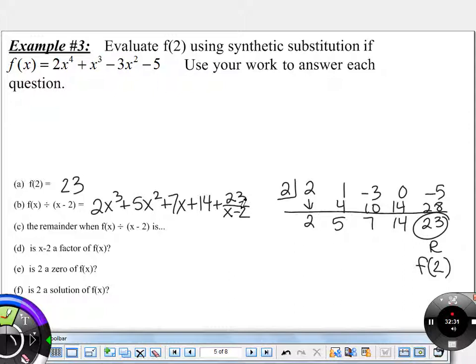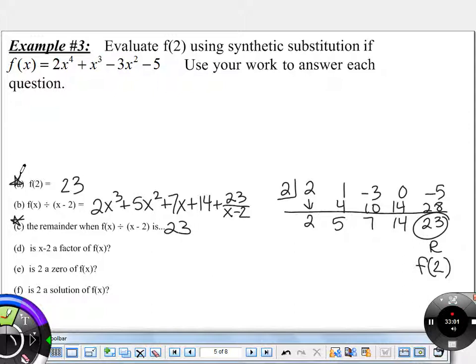If x minus 2 is what you're dividing by, you would do synthetic division with 2 in the box. We already did that, right? So we had our answer laid out for us right here. We just had to write it in the form of a polynomial. What is the remainder when f of x is divided by x minus 2? 23. So we already established this relationship between the fact that the remainder when you divide by this and plug in 2 is the same as the evaluation of the function when you plug in 2.